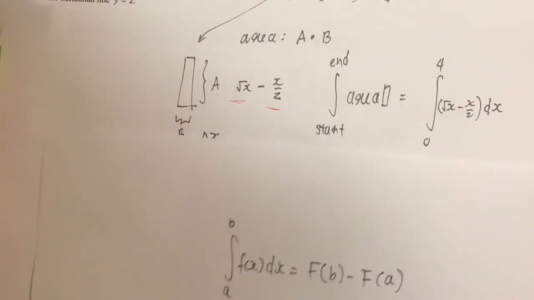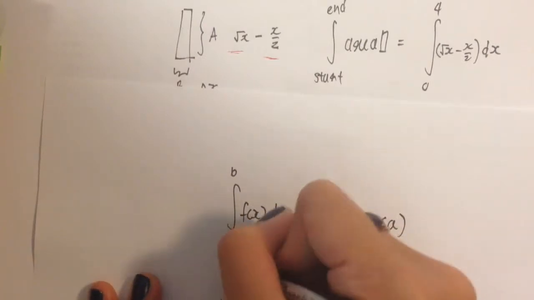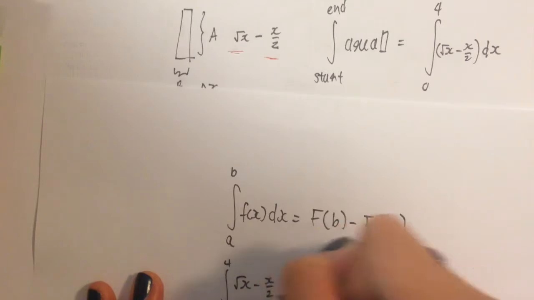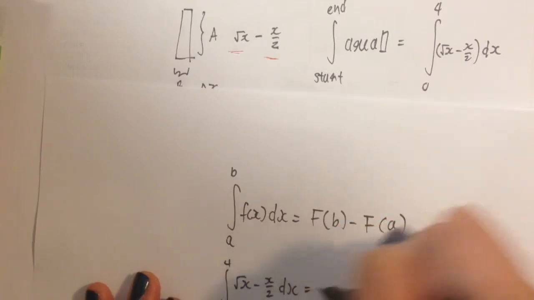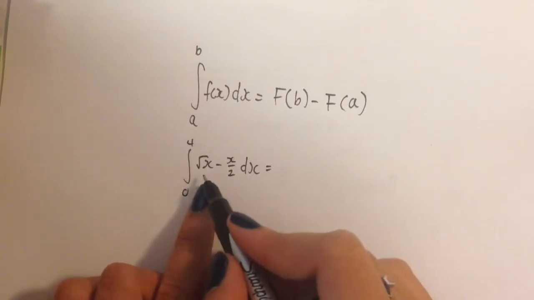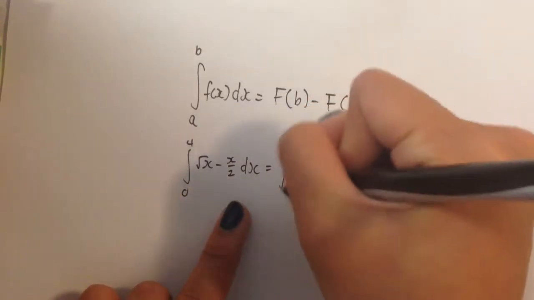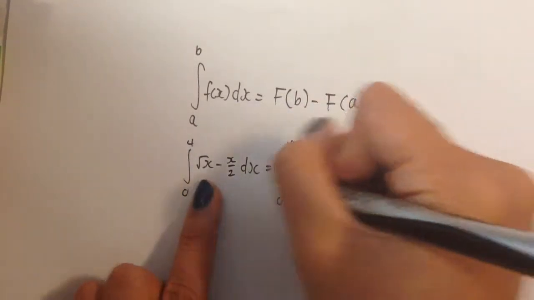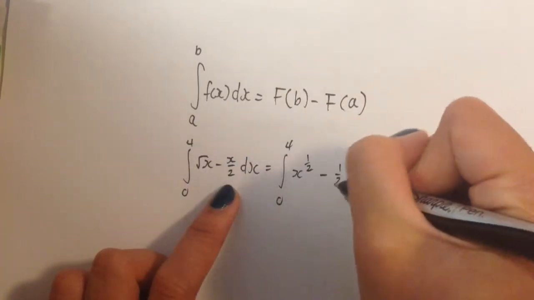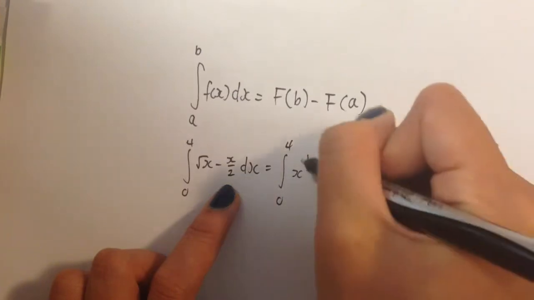And so in this case, it's the integral from 0 to 4 of square root of x minus x divided by 2 dx. So we want the original function first. To do this, I like to simplify it first so it's easier for us to see. The square root of x is basically x to the power of 1/2 minus 1/2 of x dx.